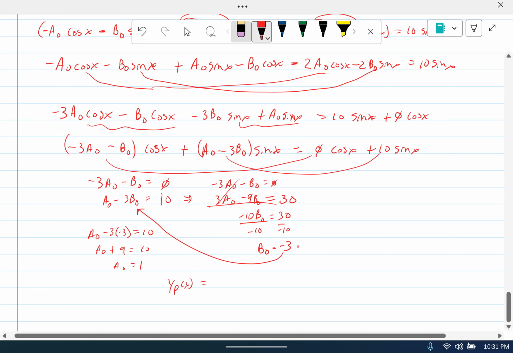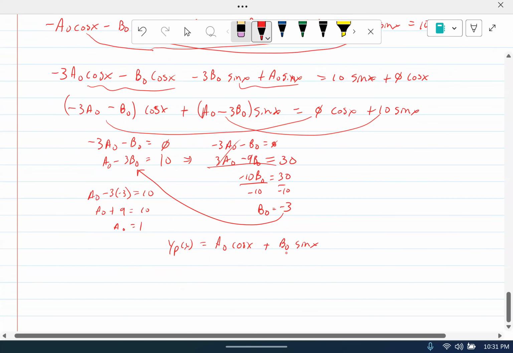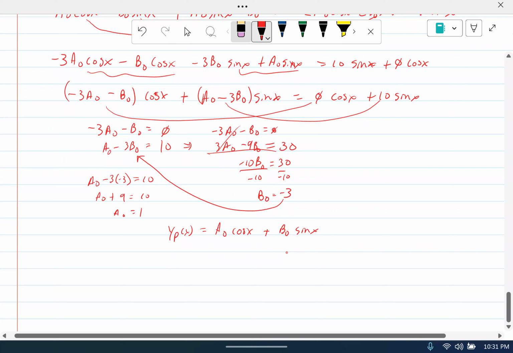It was a naught cosine x plus b naught sine x, so that would be equal to just 1 cosine x, so that's cosine x, and this is negative 3 sine x. So that's y p of x.